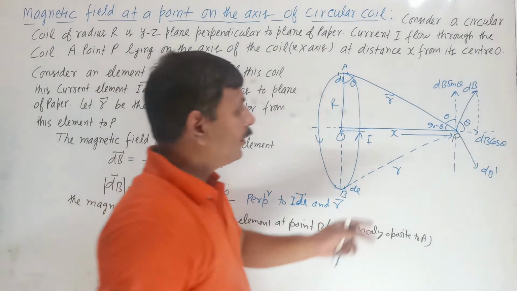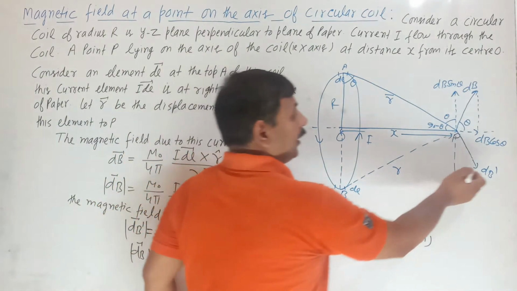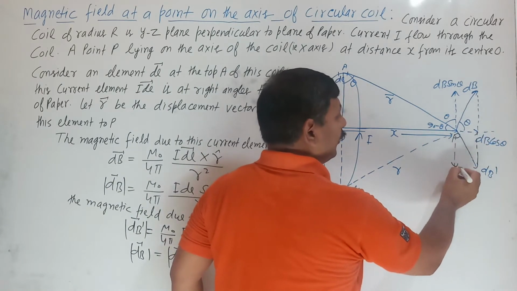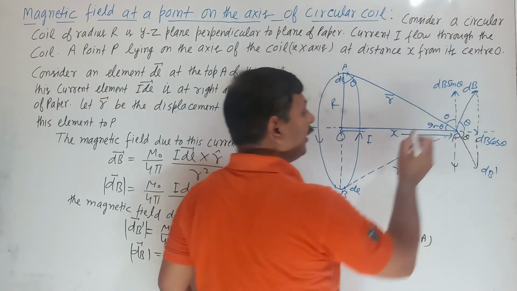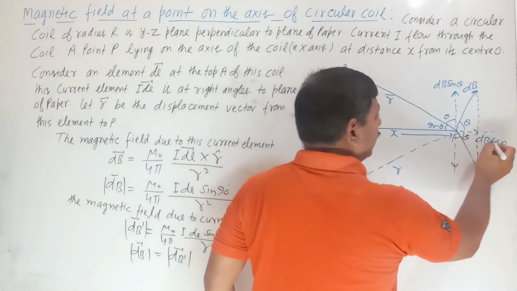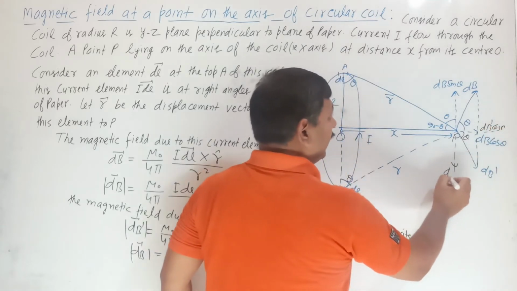If you are taking the components of dB dash also, what happens? It makes the same angle theta. So there is dB dash cos theta and dB dash sin theta.